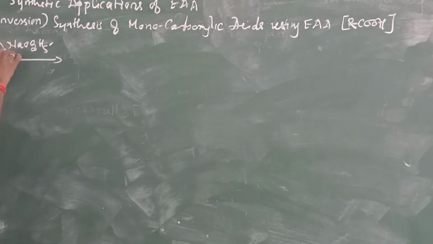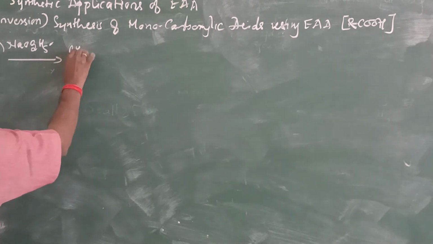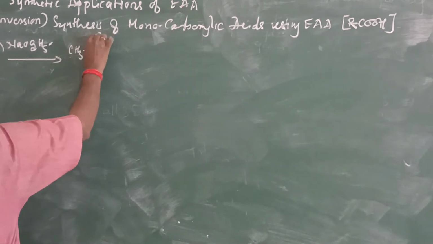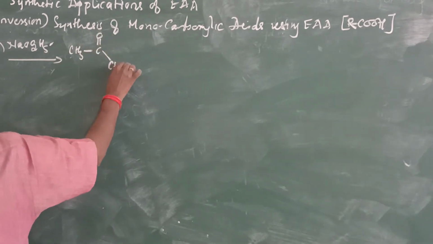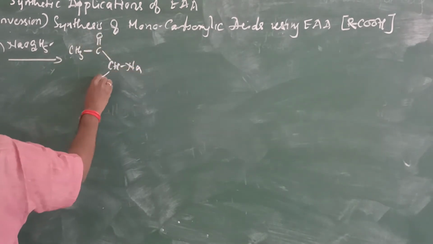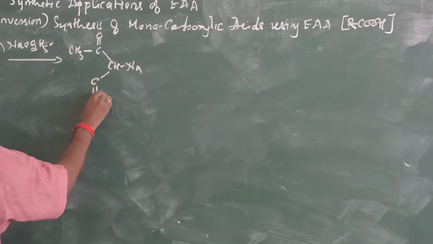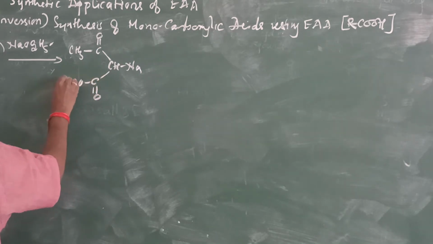When you do so, one of the H's will be replaced by Na, and you will get CH3, CO, CHNa, C double bond O, OC2H5.